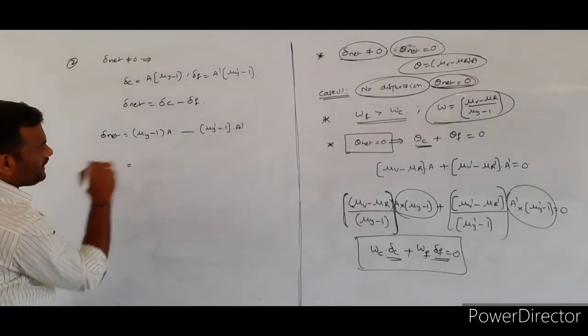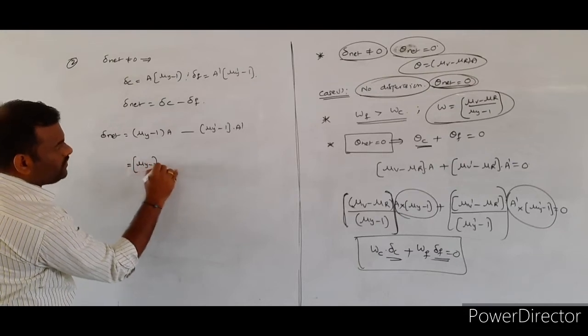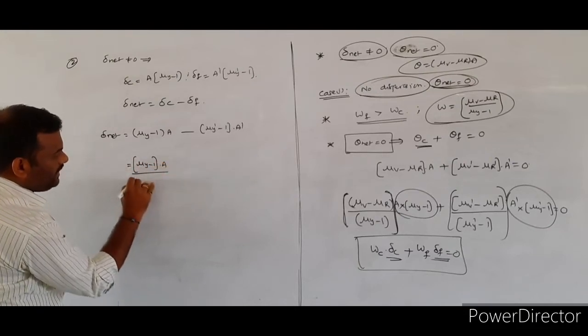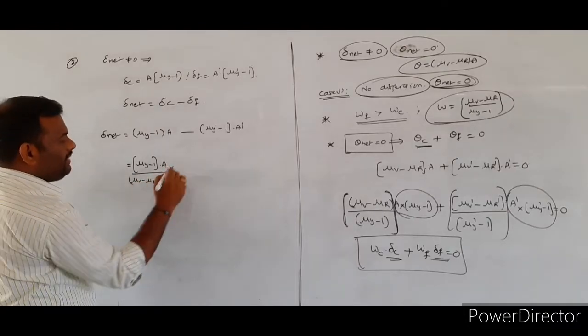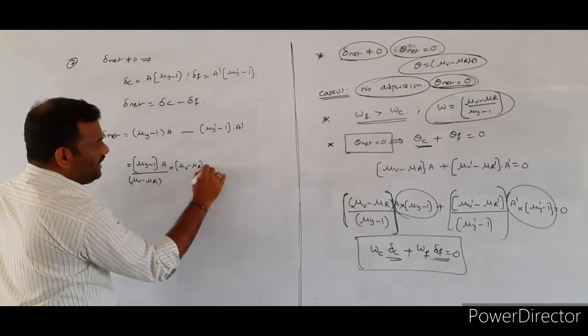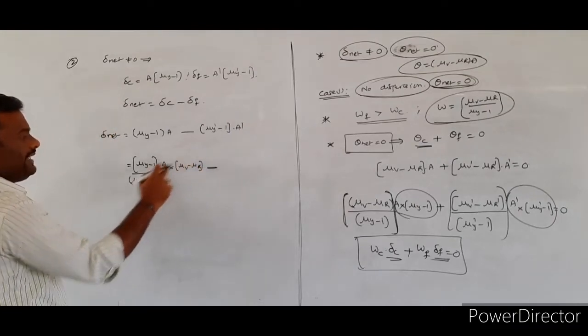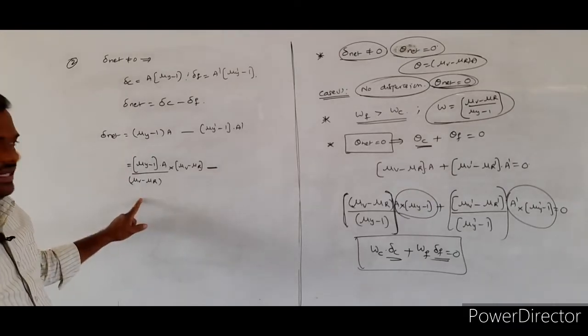So it can be written as mu y minus 1 into A, divided by mu v minus mu r, and again multiplied by mu v minus mu r. Is there any change in its value? Mu v minus mu r will get cancelled. The same value we are getting.